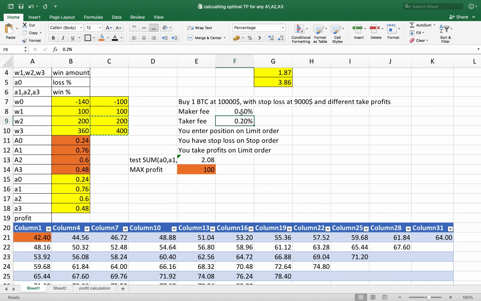Instead of 0.2, you will pay 0.1. And also I think on Binance, you can use their coin to pay fees, and that decreases your fees even more, which is even better.